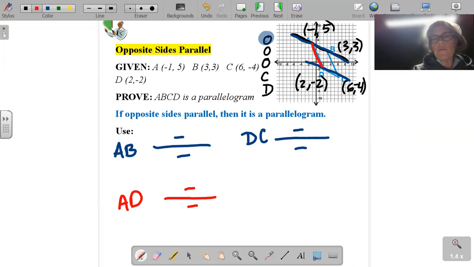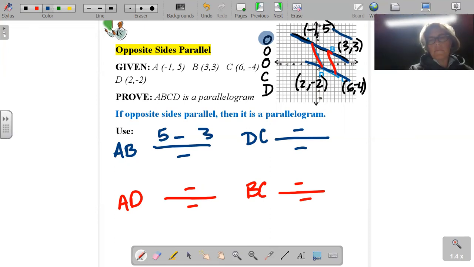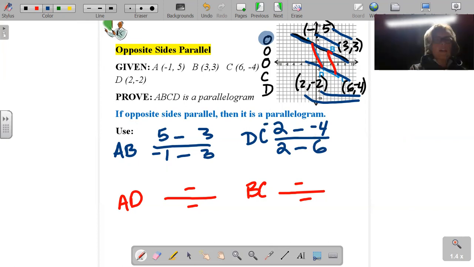And the slope of B to C. Y minus Y over X minus X. Notice I physically connect the numbers.